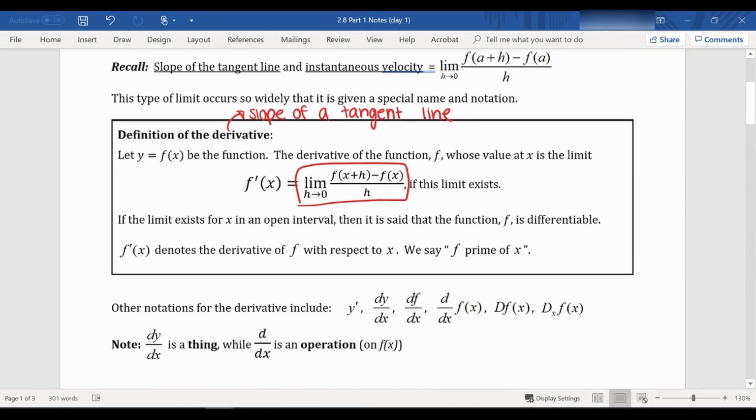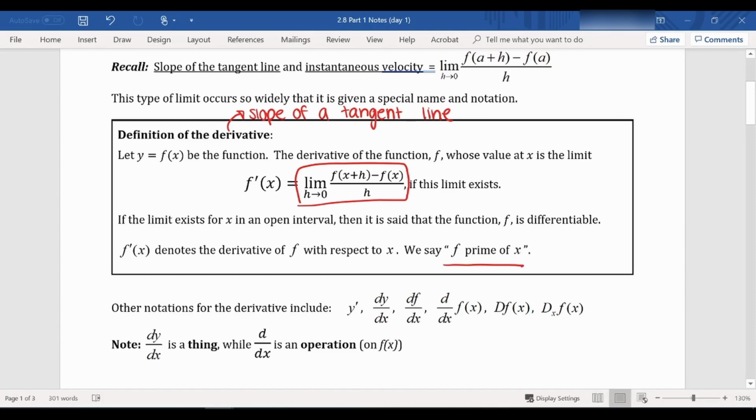This notation, f with the little apostrophe of x, means derivative. We read this as f prime of x. So f prime of x means we have found the derivative of the function f with respect to the variable x.